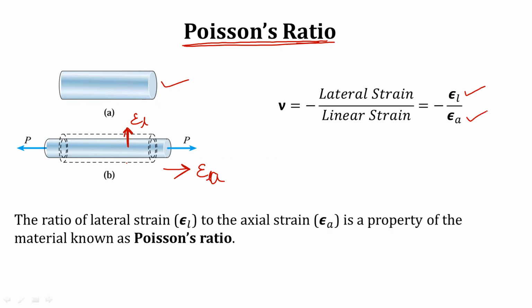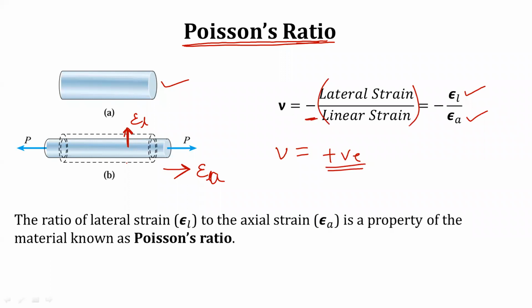Now in your physics subject you have heard that the value of nu, Poisson's ratio, is always positive. Have you come across the formula of Poisson's ratio with a negative sign anywhere till now? No. Everywhere you have seen only the ratio epsilon L upon epsilon A.